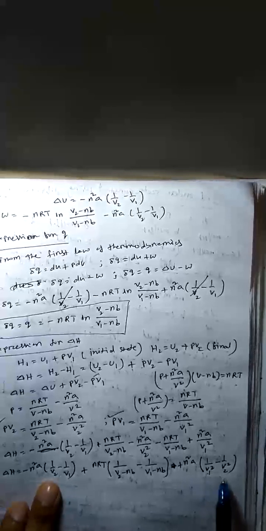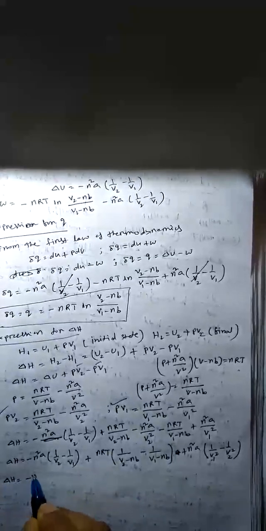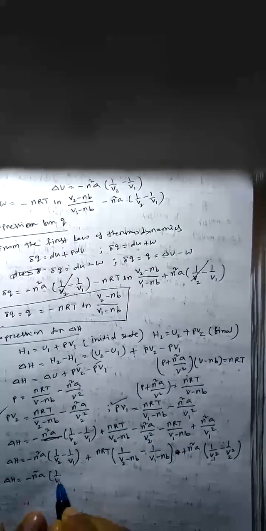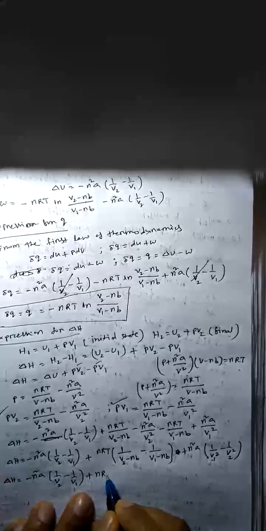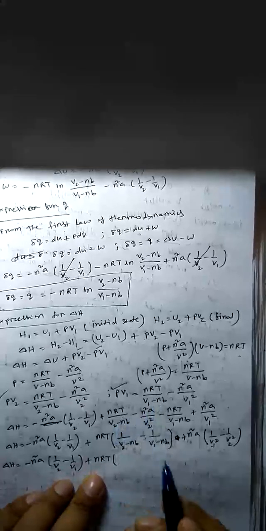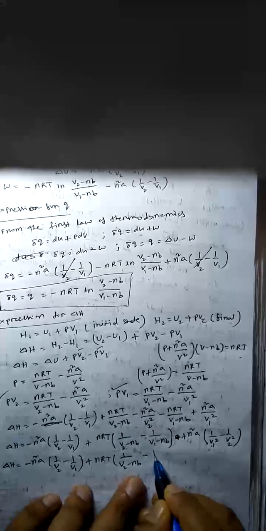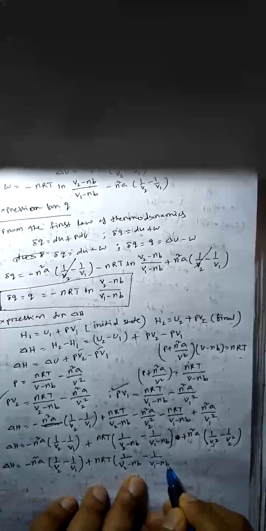You see here, n square a times 1 by V2 minus 1 by V1. Here n square a times 1 by V1 square minus 1 by V2 square. Just reverse it. When you reverse it, it becomes minus. Then your delta H now becomes minus n square a times 1 by V2 minus 1 by V1, plus nRT, you take common, you get 1 by V2 minus nb minus 1 by V1 minus nb.